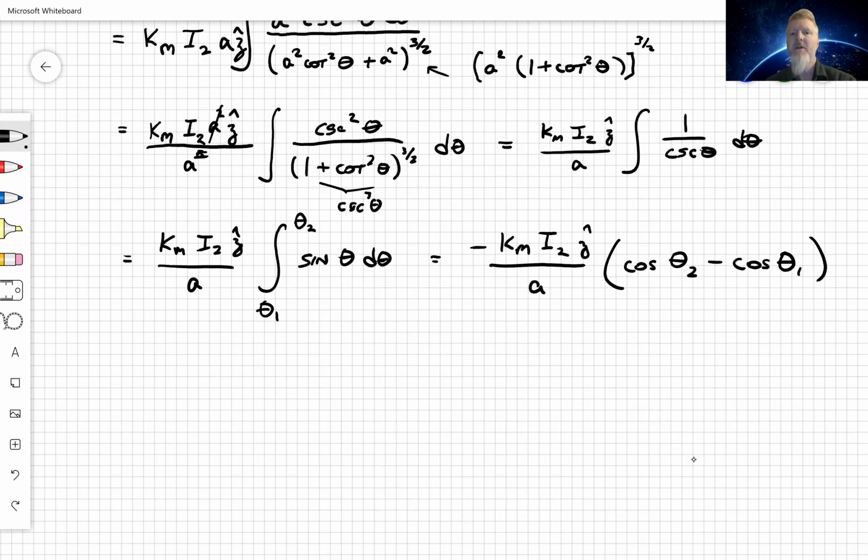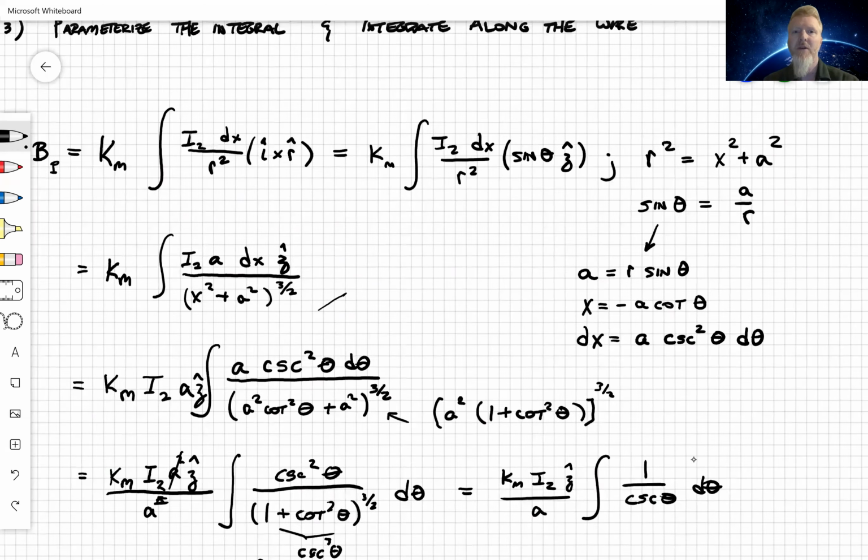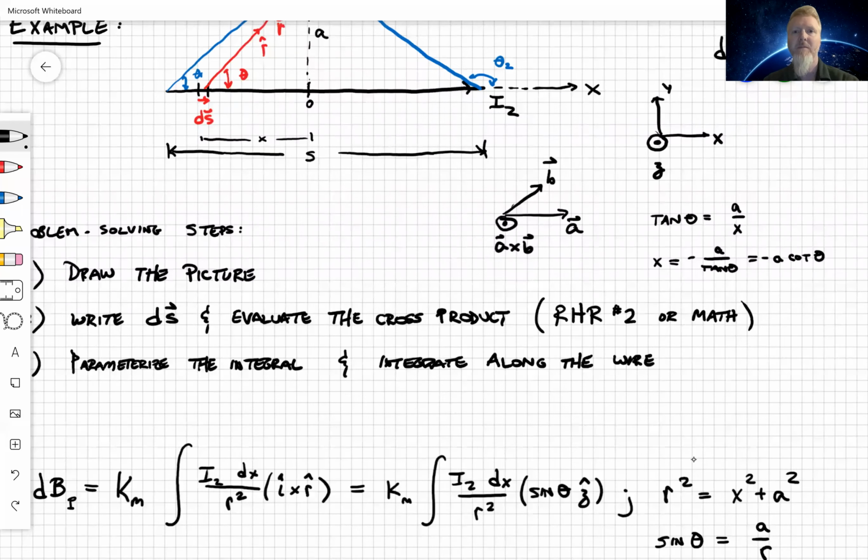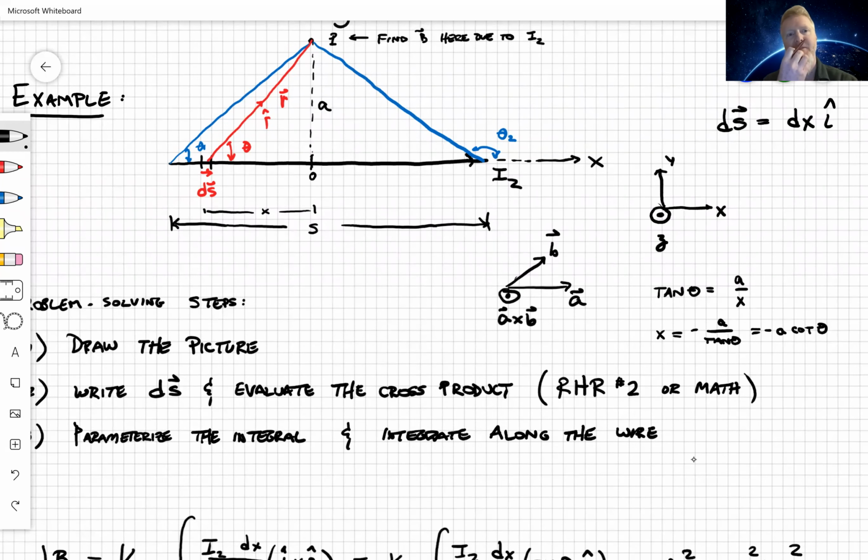But the cosine of theta 2 is a negative number, right? Look at the angle, it's more than 90 degrees. So that's a negative number minus the cosine of theta 1, which is obviously a positive number.